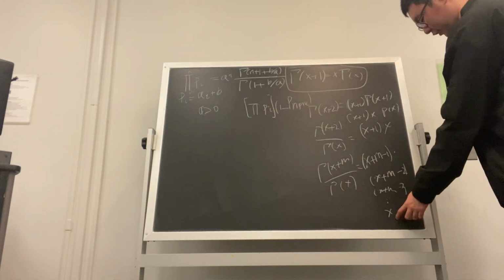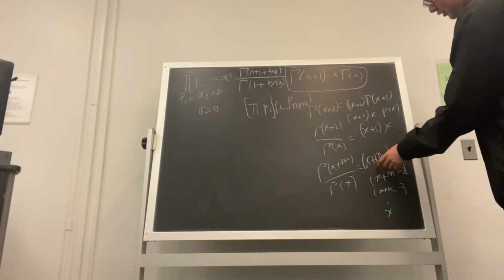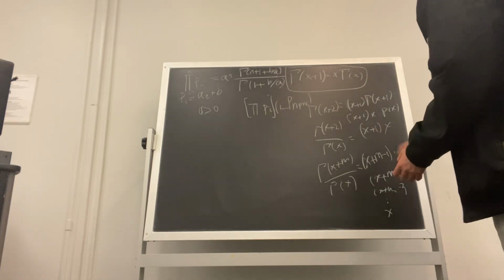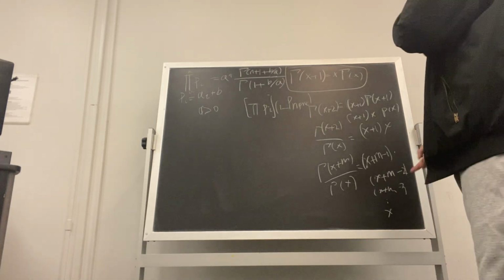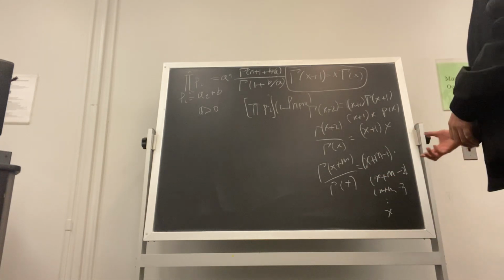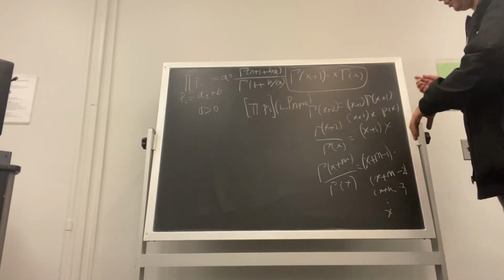So this is x times x plus 1, every term up to x plus m minus 1. Of course, m must be greater than 0. So this form gives a product of some linearly spaced sequence.